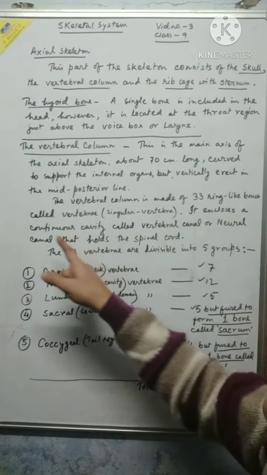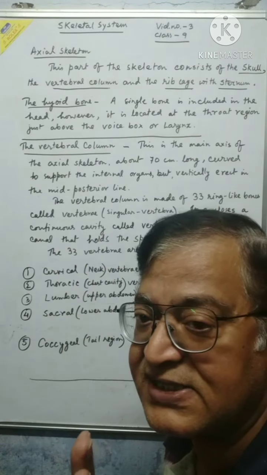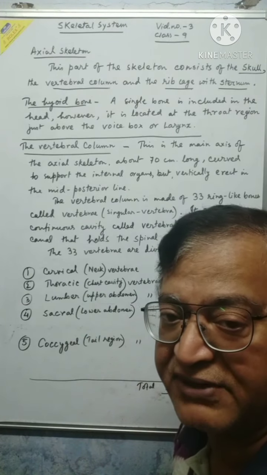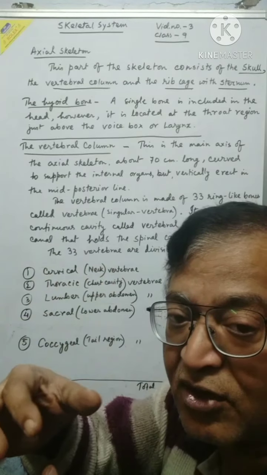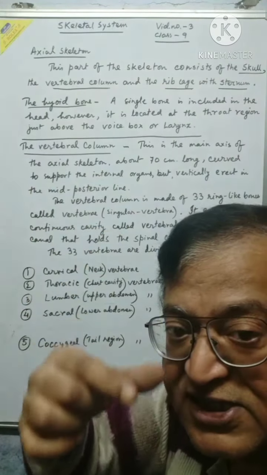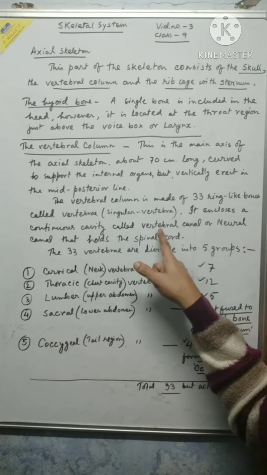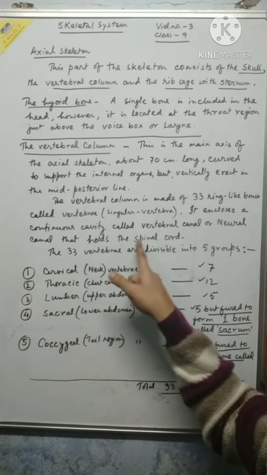It encloses a continuous cavity. The vertebral column not only gives the axis and supports the internal organs of the body cavities, but also supports the spinal cord, because by continuation it makes a continuous tunnel. This continuous cavity is called the vertebral canal or neural canal that holds the spinal cord.